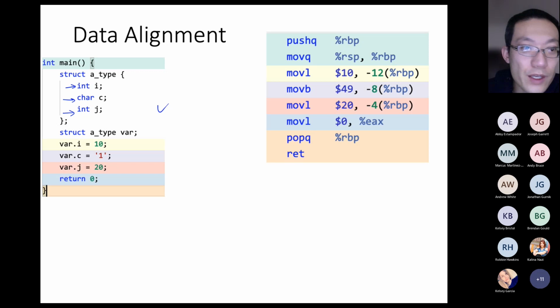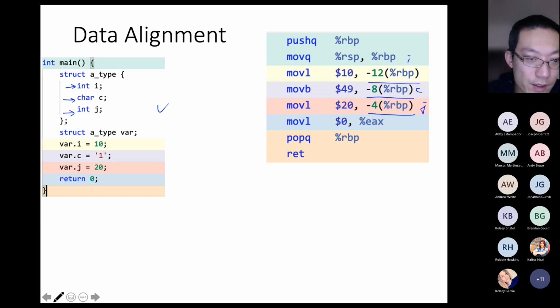First of all, we can find that RBP minus 12 is denoting I, and the next one, RBP minus 8, is denoting the char C, and RBP minus 4 is J. So if we draw a diagram, we can find what that looks like.